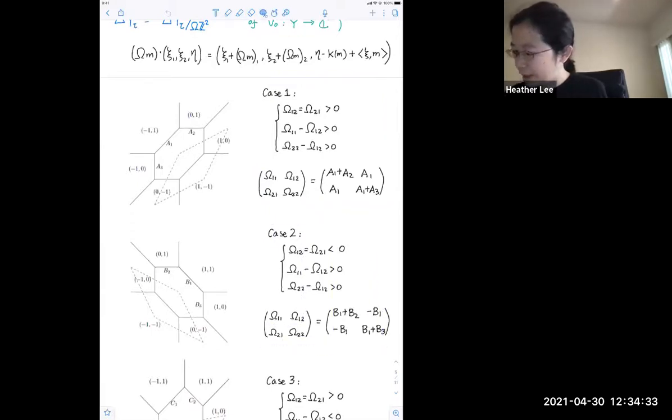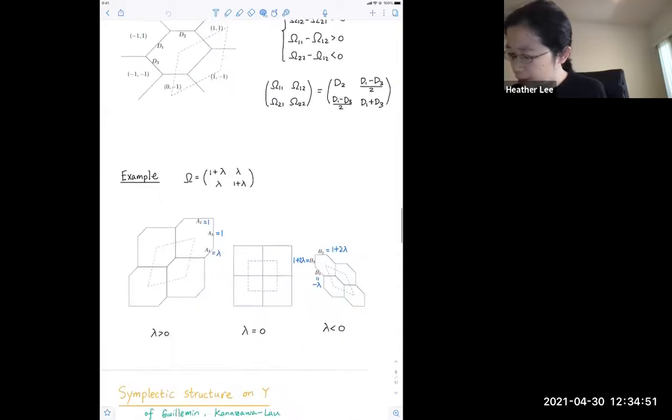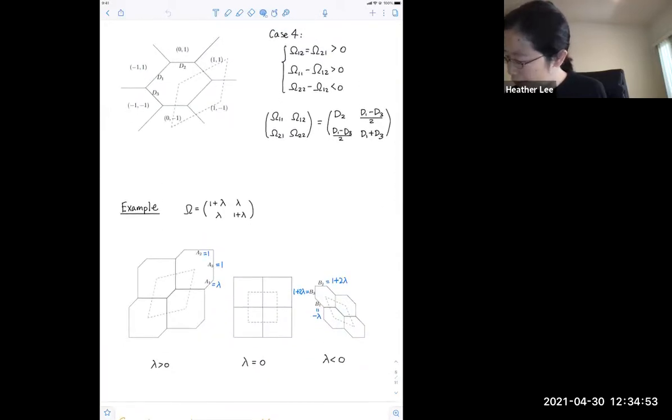In case 1, the omega and the side lengths, which correspond to the symplectic areas of the three spheres, are given by this identity, and in this case it is given in this way. And so when lambda is less than 0, the side length of B1 is minus lambda, which is positive.